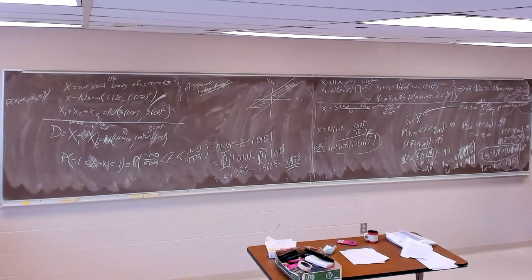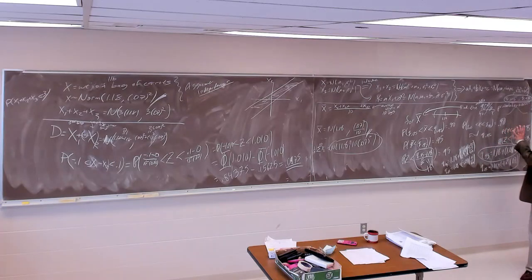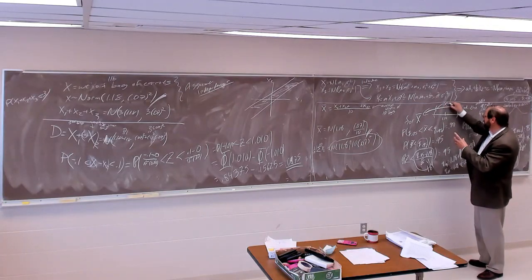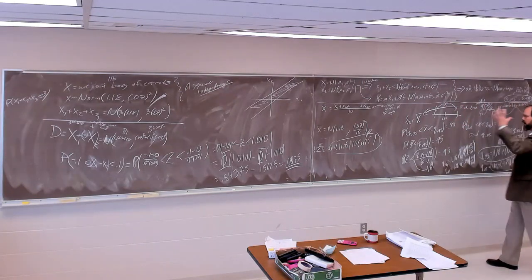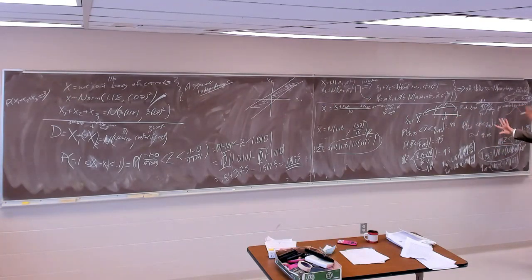For x, we got this interval centered around 1.18, where 90% of all of the outcomes end up on that interval, which means 10% end up outside of it.